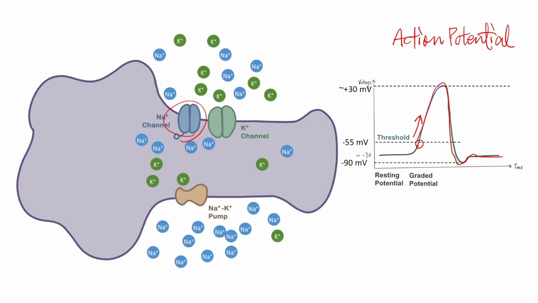So if the voltage is below minus 55 millivolts, we call this graded potential. And minus 55 millivolts is the voltage required to open the sodium channel to start an action potential. So minus 55 millivolts is called the threshold for action potential.